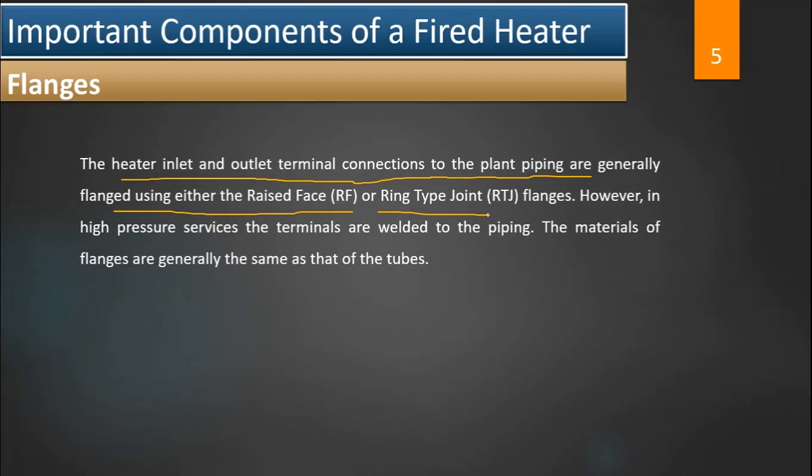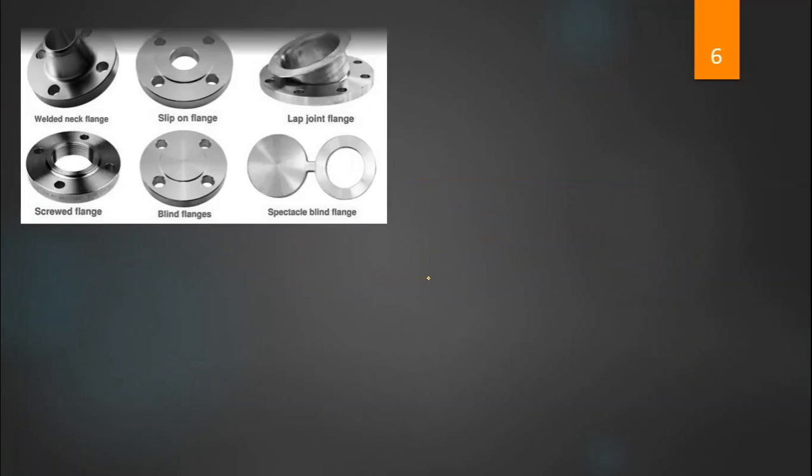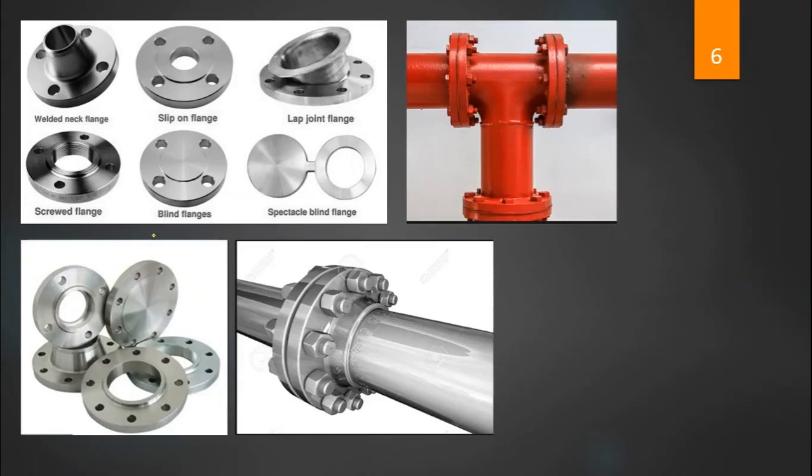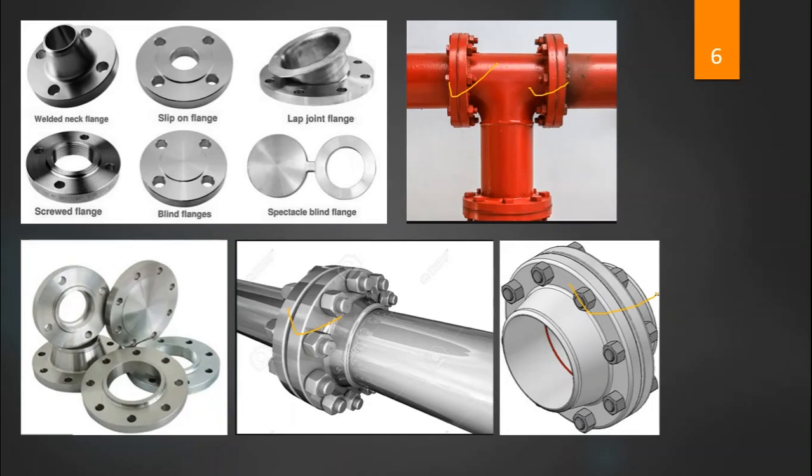We can use raised face ring type joint flanges, but if there are very high pressures, then normally welding with the pipe is used rather than flanges. The material of flanges is normally the same as that of the tubes, so there is no difference in the materials. These are a few diagrams of the flanges. We can see how these flanges are connected with the pipes.